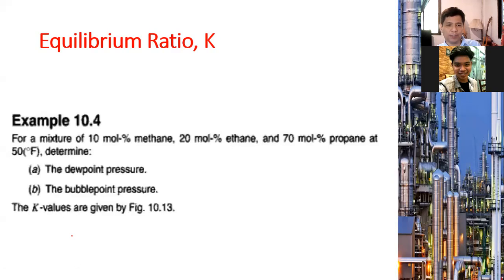So, for a mixture of 10 mole percent methane, 20 mole percent ethane, and 70 mole percent propane at 50 degrees Fahrenheit, determine the dew point temperature. Okay? So, pag sinabing dew point, ibig sabihin itong mga percentages na to, this will be the concentration at dew. Your sample is about to form dew.